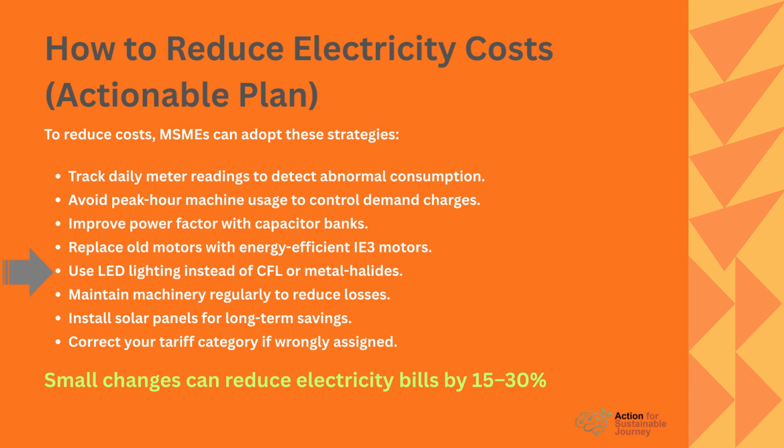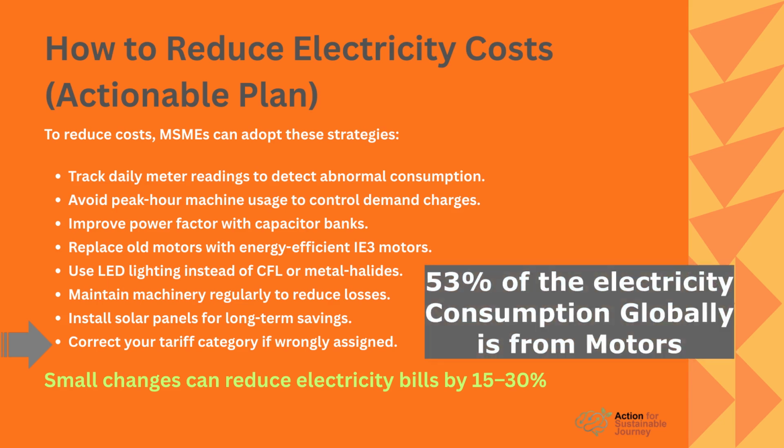Fifth, use LED lighting instead of CFL or metal halides. Sixth, maintain machinery regularly to reduce losses. Seventh, install solar panels for long-term savings. And the last, correct your tariff category if wrongly assigned.